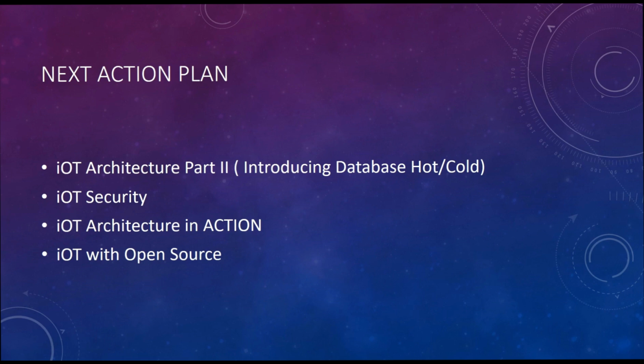In our next session we will see IoT architecture in action, where we will see where exactly we can use these tools in our IoT architecture, and then how I can create an IoT system or IoT application using open source.